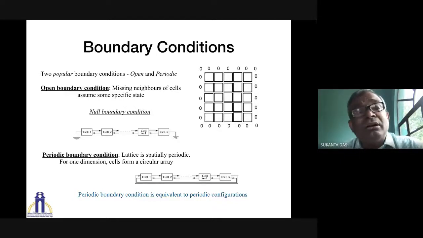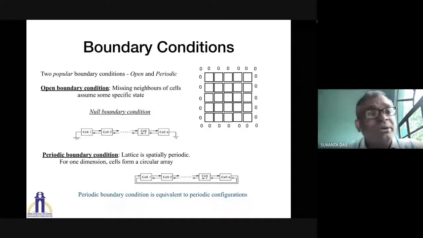So these are two popular boundary conditions. One is open, another is periodic. In the CA literature, you will find both. Periodic boundary condition is more popular, but open is also very popular. And open has, as I've said, several variations.